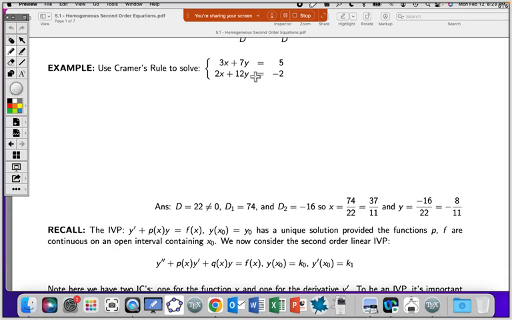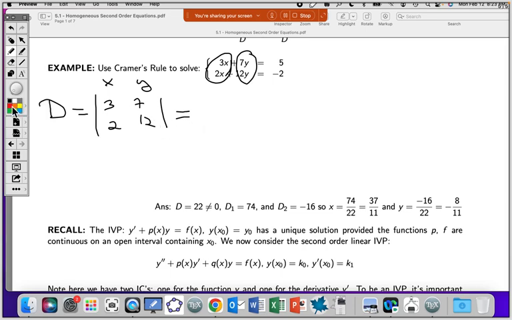And we'll remind you what this means graphically. But if we just go through the algorithm here, we calculate the determinant d, the determinant of the coefficient matrix. So we're going to have two columns here, x and y. Into the x column, we put the coefficients of x, so 3 and 2. Into the y column, we put the coefficients of y, positive 7, positive 12.